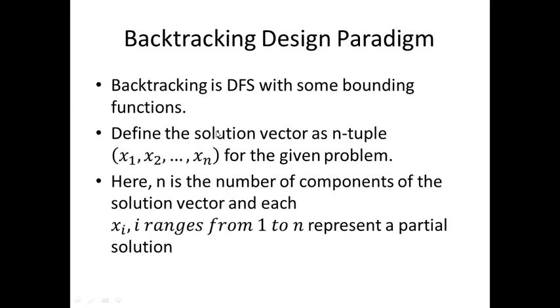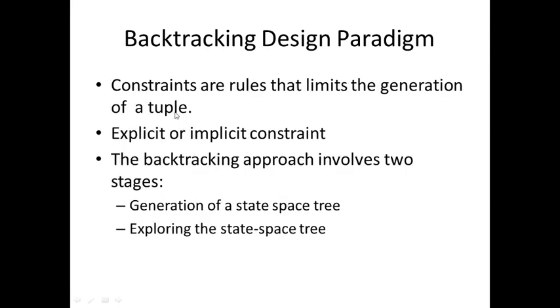And in general we can define, if there are n components for the solution, then the solution vector is defined like x1, x2, etc., xn. And here generally xi can range from 1 to n, and this is going to represent a solution vector. And backtracking design always has the bounding function, and there are some forms of constraints.